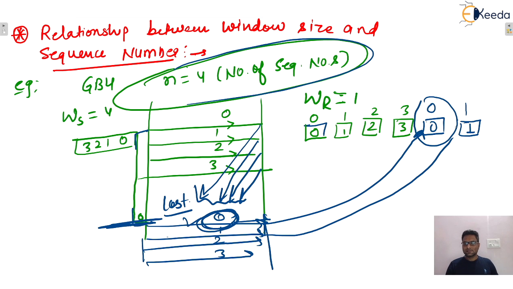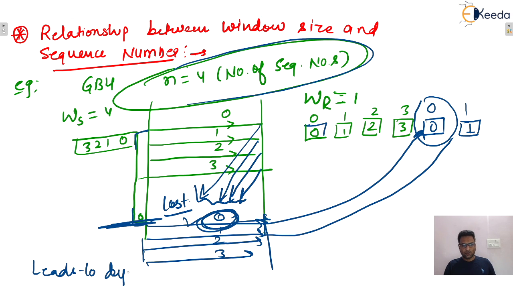So these are actually old packets that are received by the receiver. Because only 4 sequence numbers are there, we need to repeat after 3: 0, 1, 2, 3, again 0, 1, 2, 3. So here some duplicate packets are received.